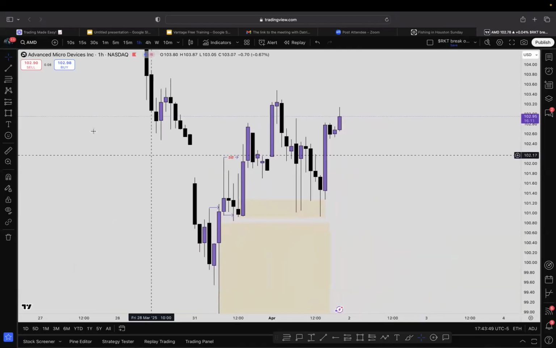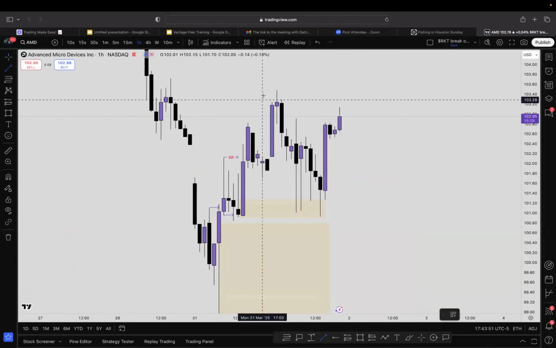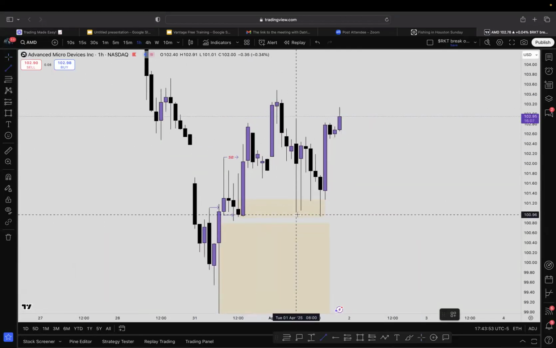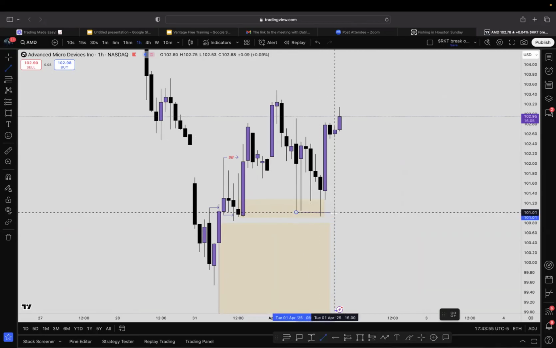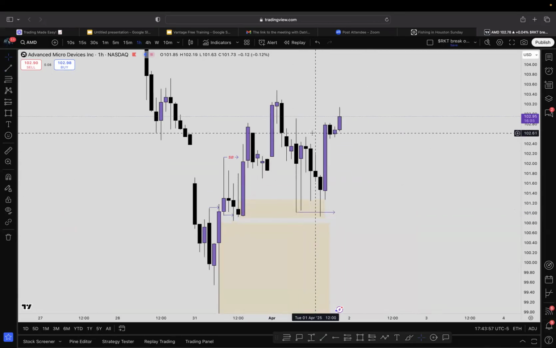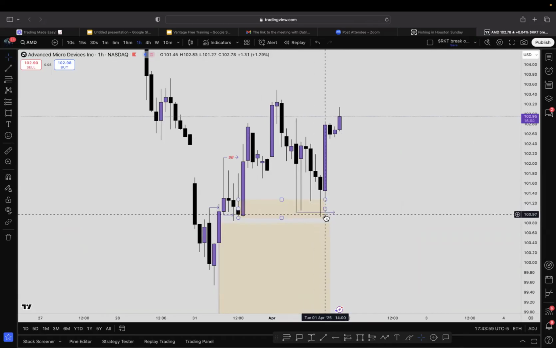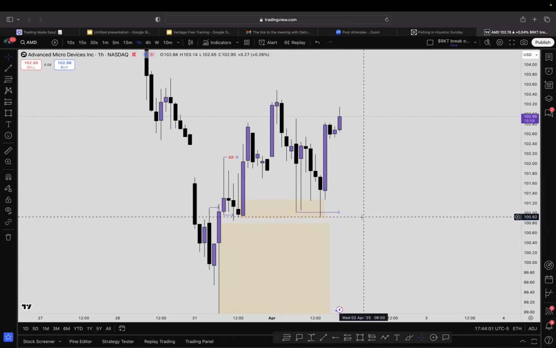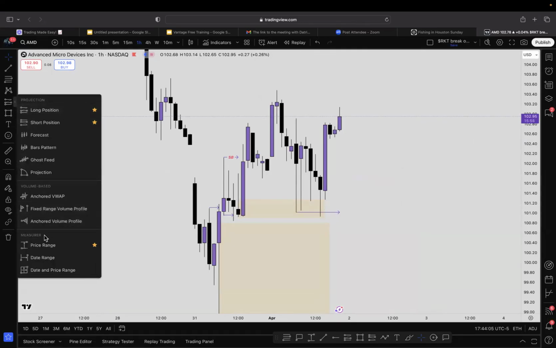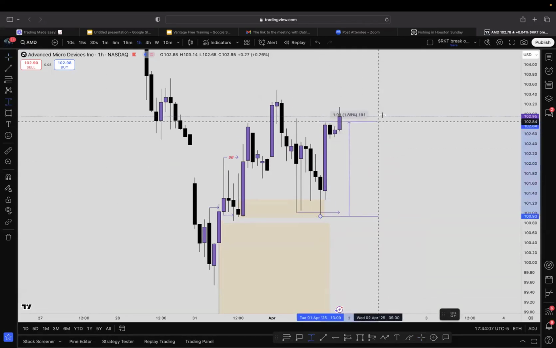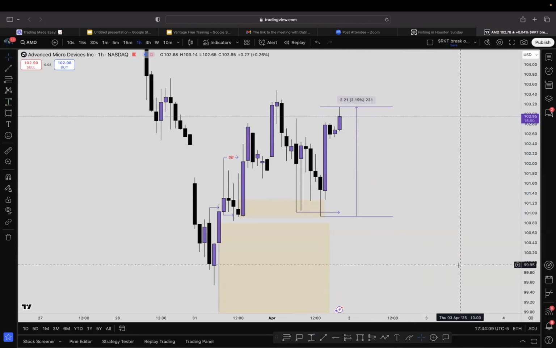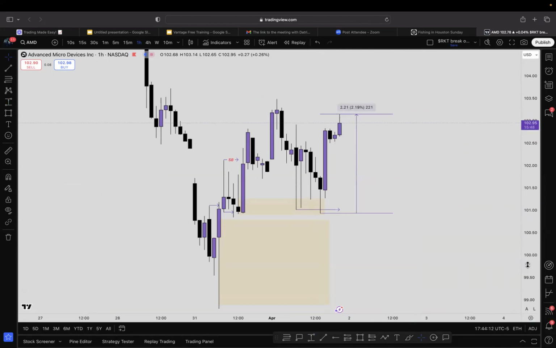Now if we go into a 1 hour, we can see this high gave us this low here. So we have a first low in demand. Price ran down to manipulate that first low in demand. And right after we manipulated it, clean move. Just like that. Did that make sense?